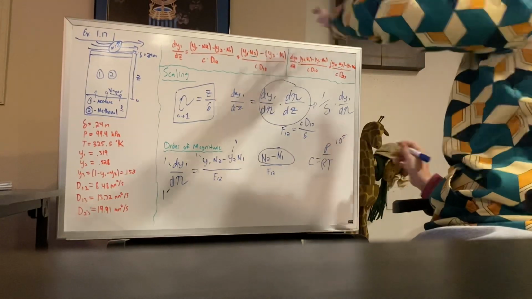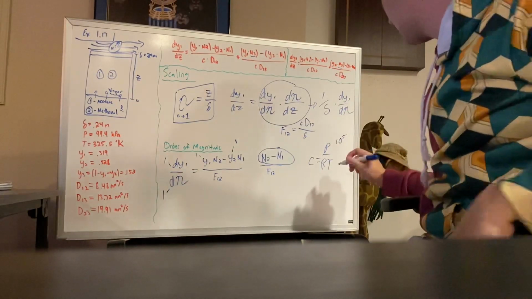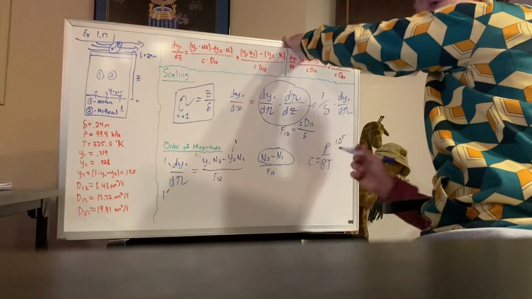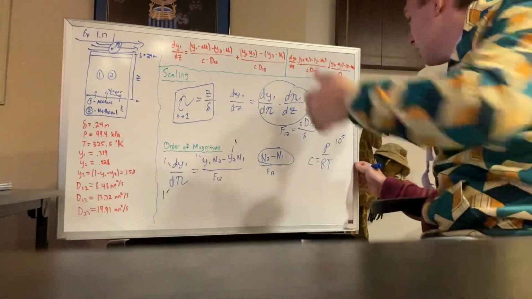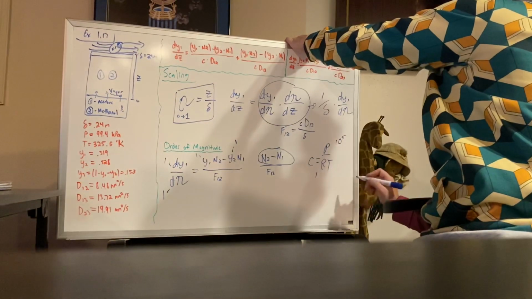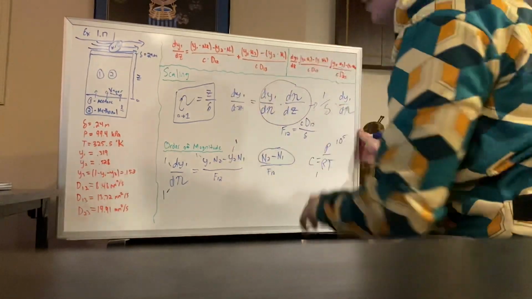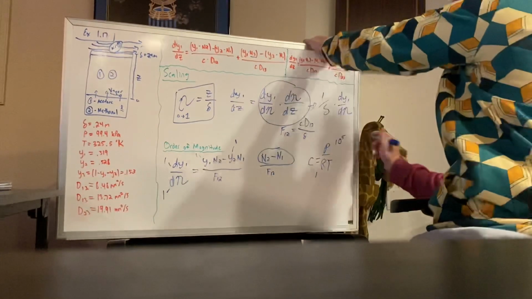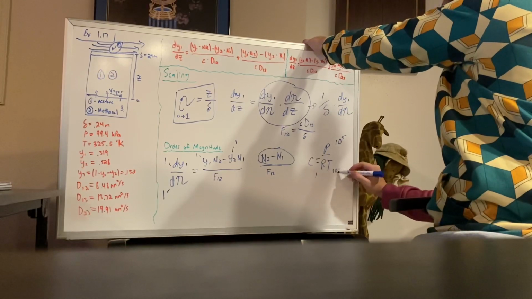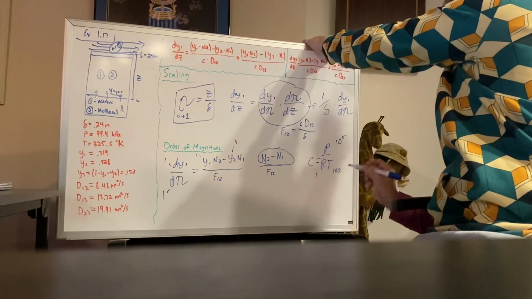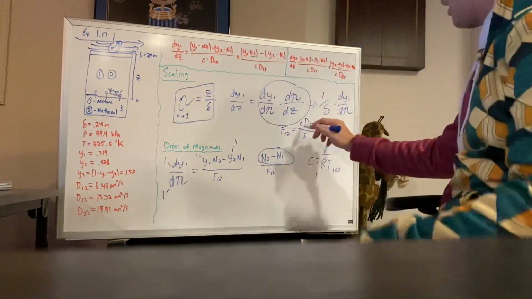The gas constant is roughly 8.314, so that will be a factor of 1. And the temperature is 325, so that will be about 100. So factor that out and write that in there.